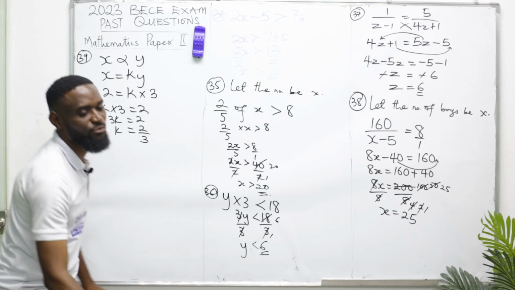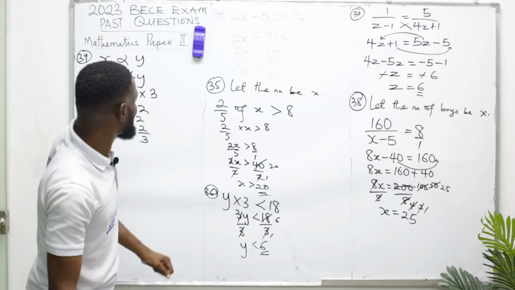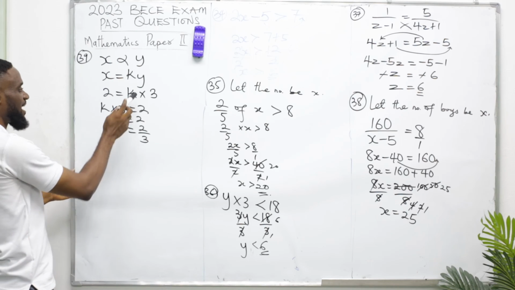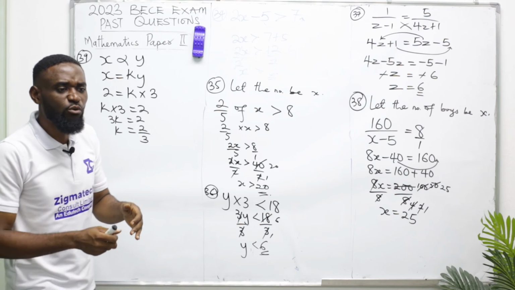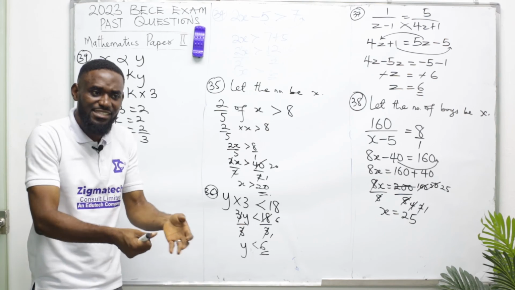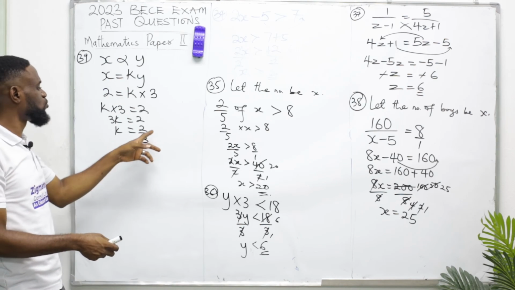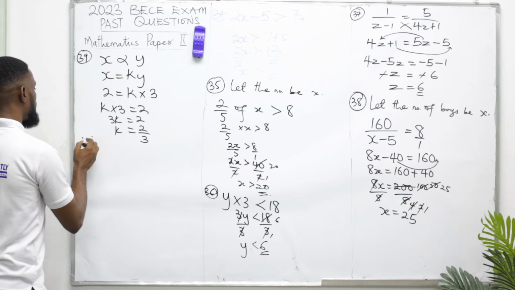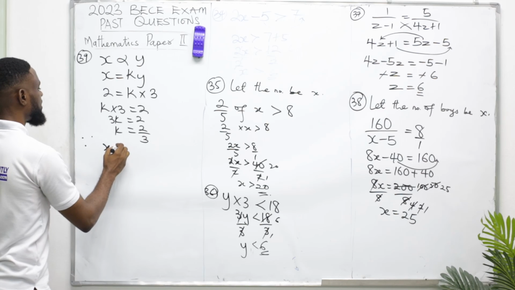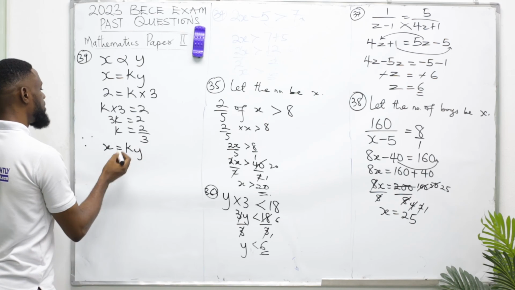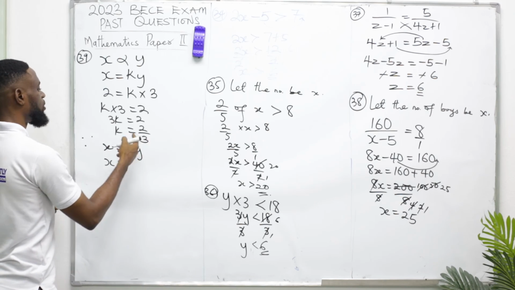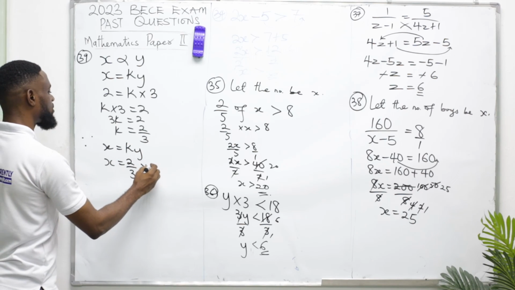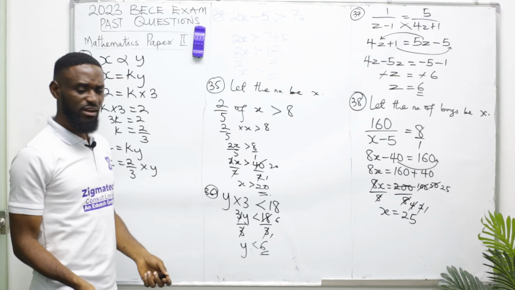Now, if we are to find the formula connecting x and y, it means that where we have k, we have to put 2 over 3. So x is equal to ky, meaning x will now be equal to k, which is 2 over 3, times y.